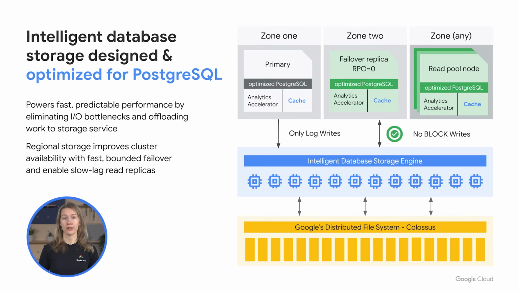The design of AlloyDB under the covers is quite different from other databases. In the distributed storage system is a high-performance, synchronously replicated, append-only logging system. Transactions from the primary service are logged to the system and written in a storage subsystem to a secondary compute node in another zone asynchronously.